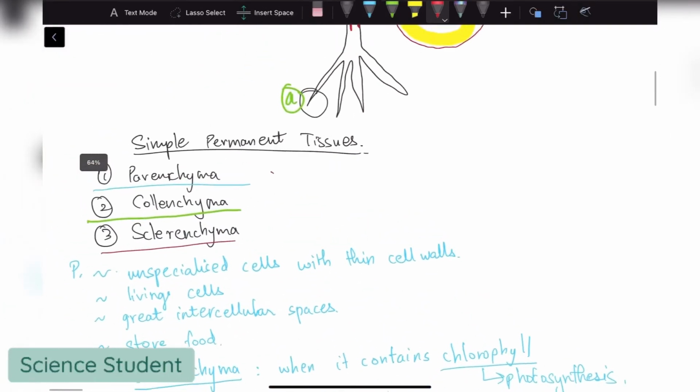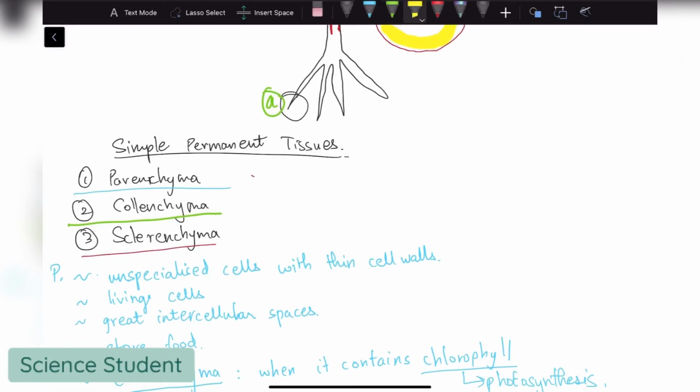So out of parenchyma, collenchyma and sclerenchyma, sclerenchyma is all dead and these other two are living. So this could be a very important question, which of the three simple permanent tissues is dead.